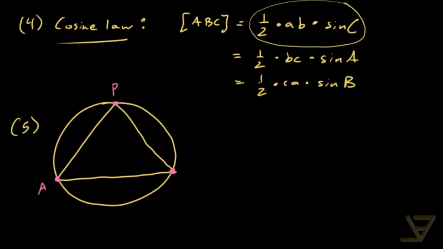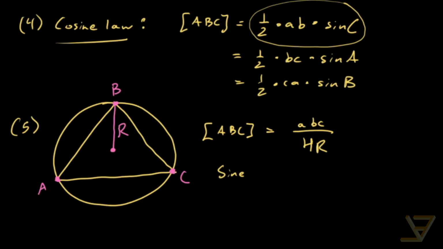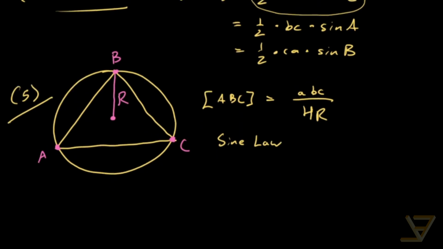If we call the triangle ABC and the center of the circle is here and we call that radius capital R, then the area of ABC is equal to ABC over 4 times R. And we prove this using the extended law of sines. So that's our fifth way of finding the area of a triangle.